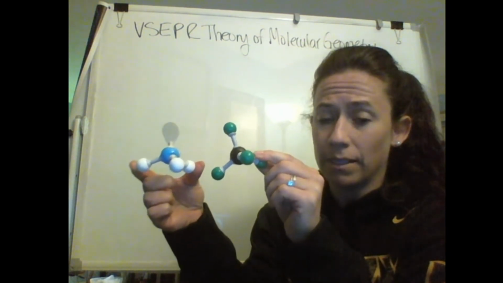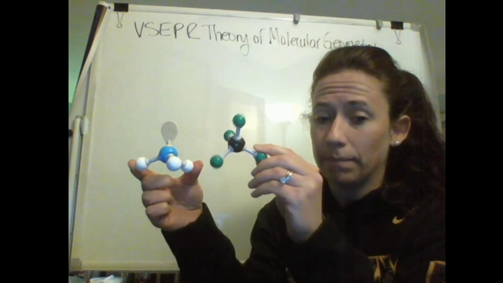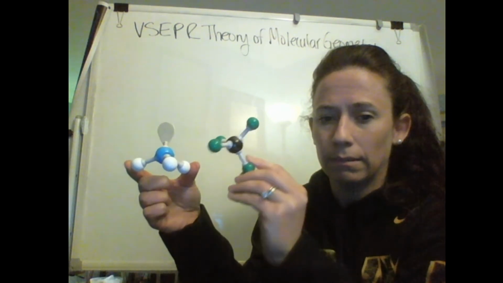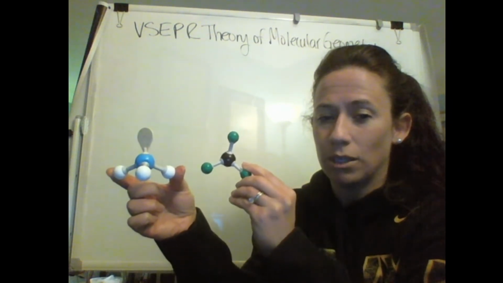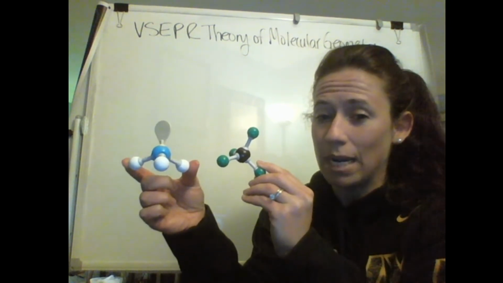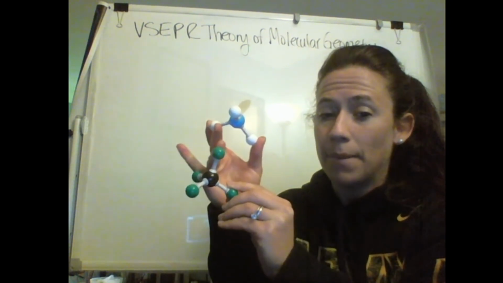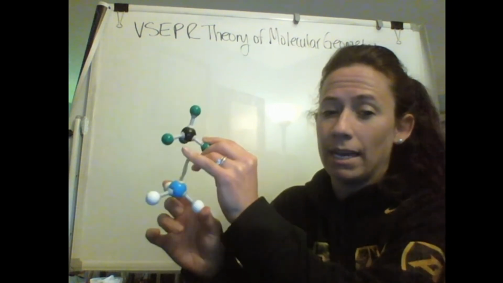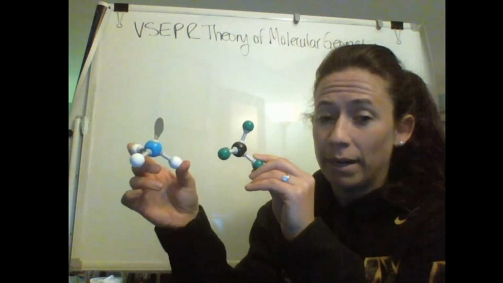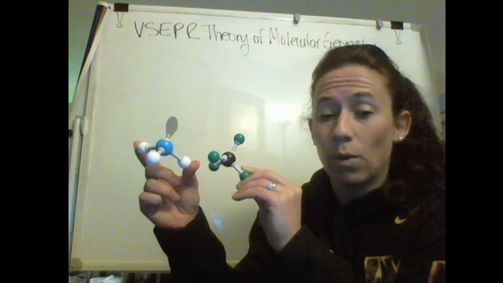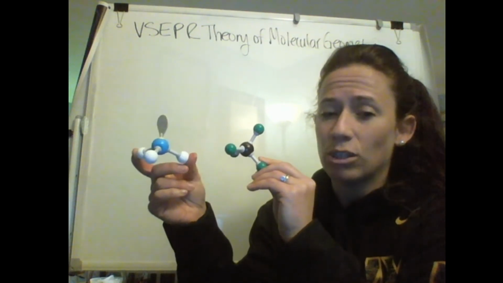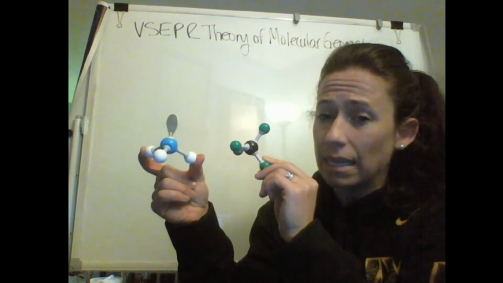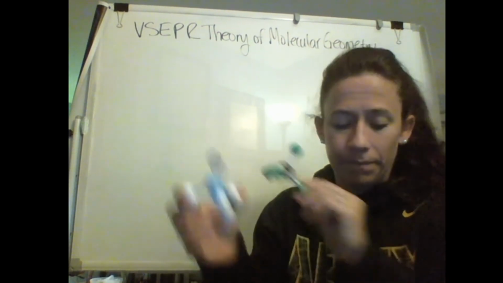The bottom parts of these molecules are the same. Flip that over. I need to mirror my image so I don't struggle so much. Okay, so these are the same similar shape, but instead of this bonded pair up here, we have a lone pair, and that lone pair takes up more space. So the 109.5 bond angle that was going on down here at the bottom is now smushed down a little bit, a little less than 109.5.